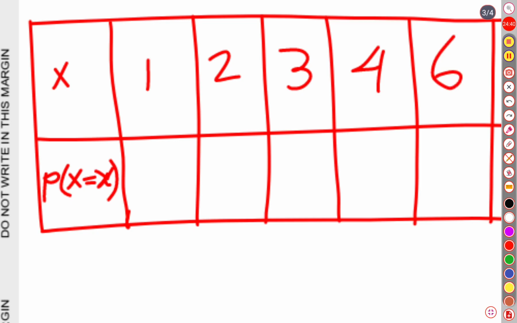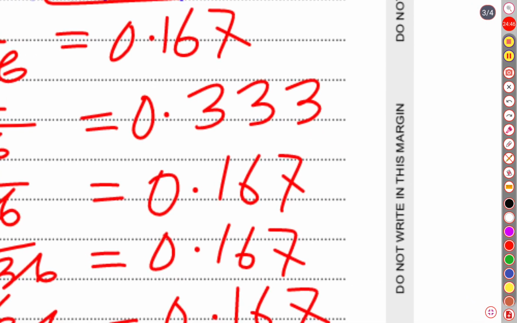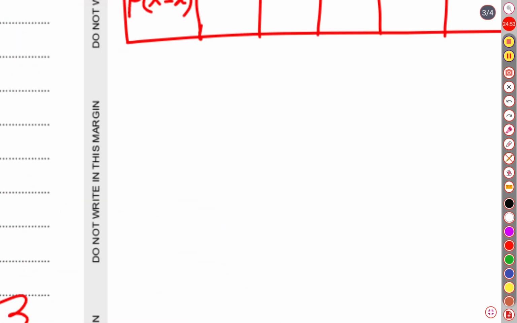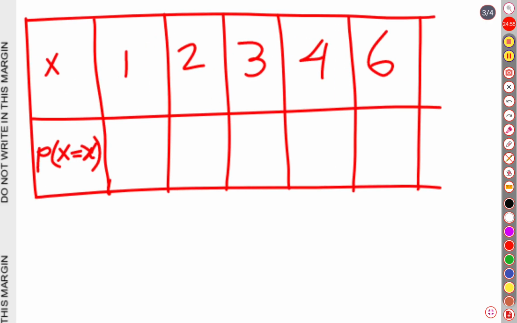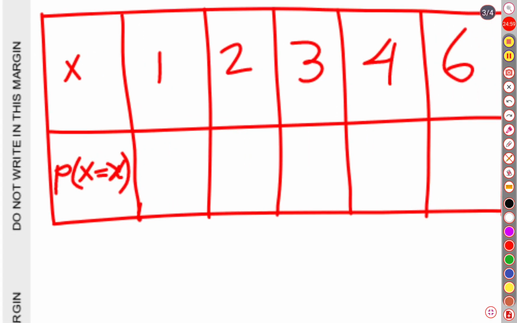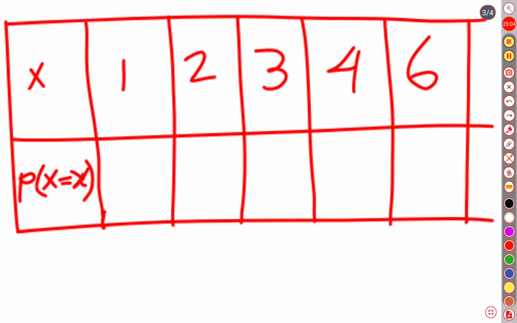So what are the probabilities? Except the second probability, the rest of them are the same. Look at this. Here all of them are 0.167 except the second one. So the second one is going to be 0.333. The rest of them are 0.167.